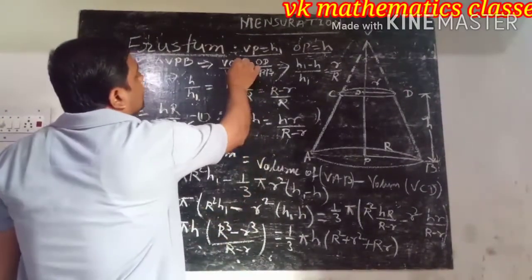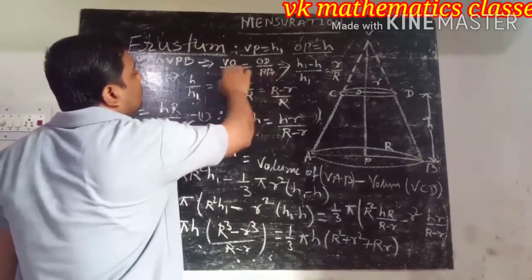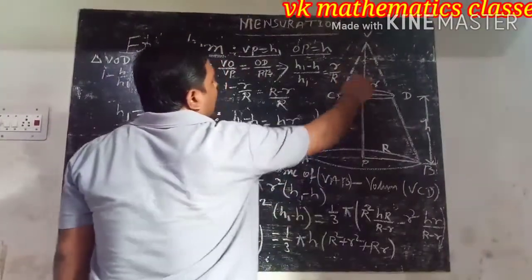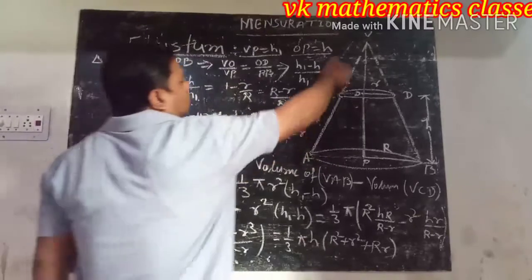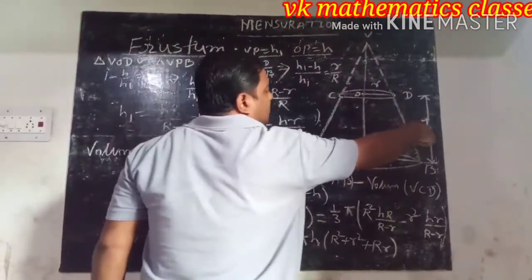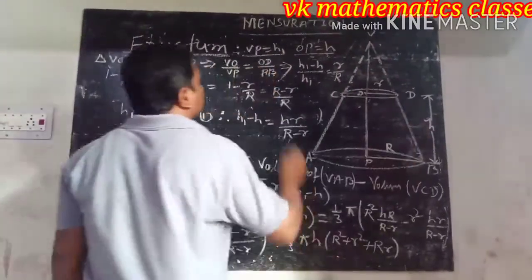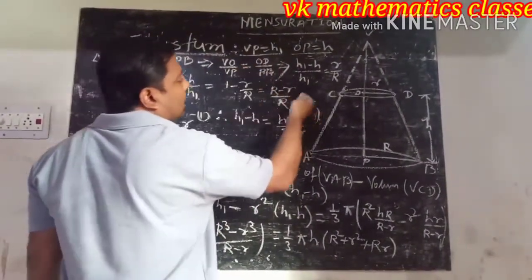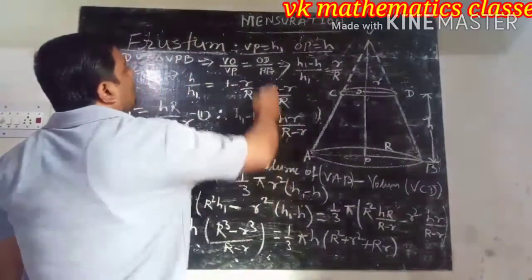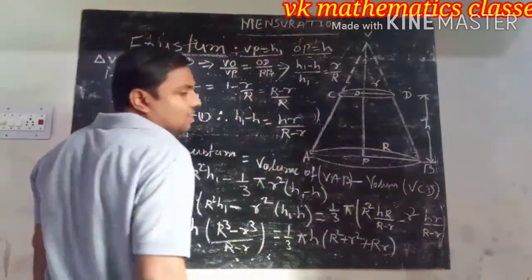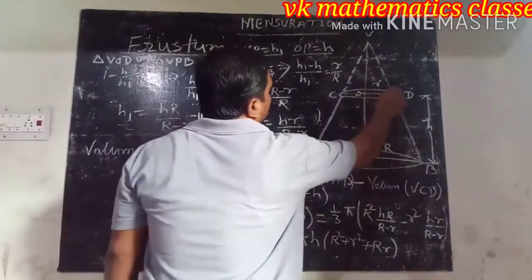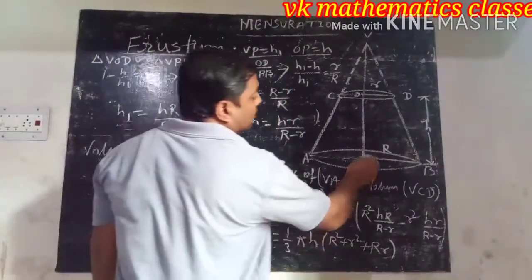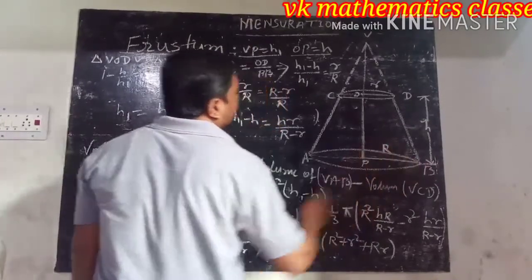Now taking the values of VO and VP: the value of VO is equal to H1 minus H, and VP is H1. OD is equal to r, here this is r, and PB, that is BP or PB, is equal to R.